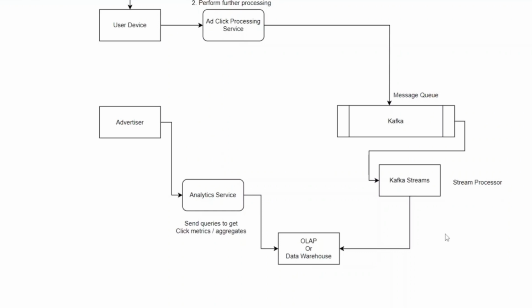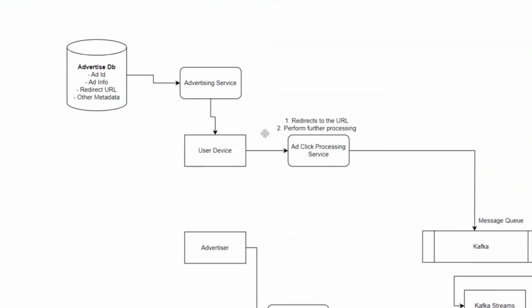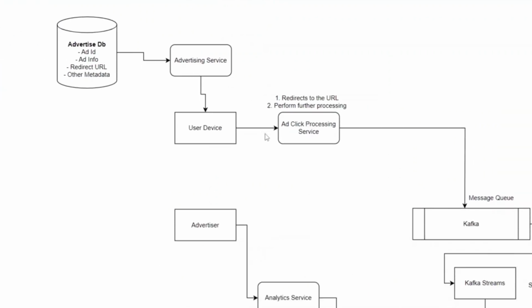Now comes the thing we were talking about earlier, how to prevent fraudulent clicks. We can add one more key here, let's say instance ID. So what is this instance ID?